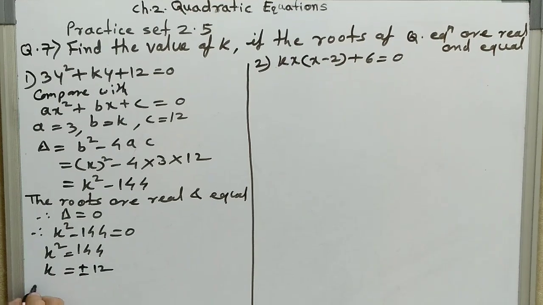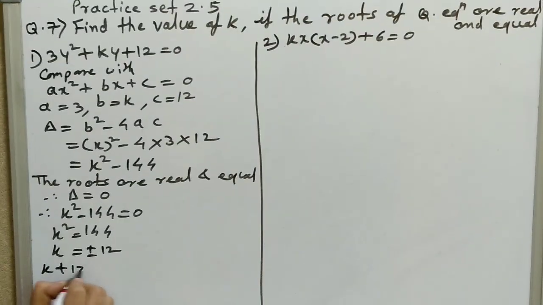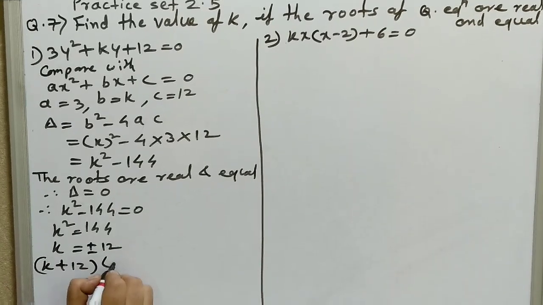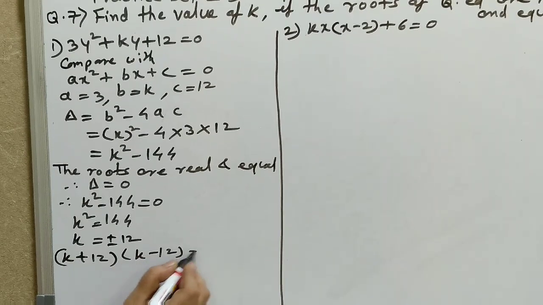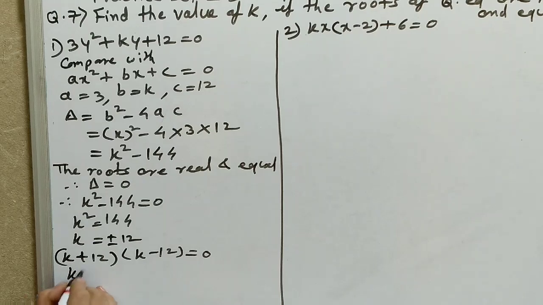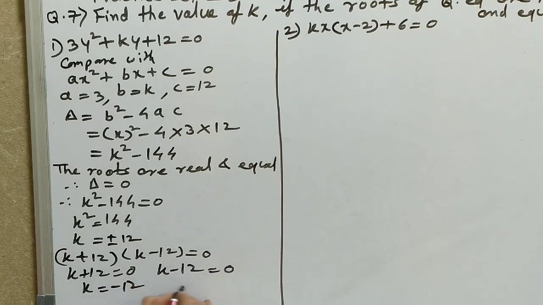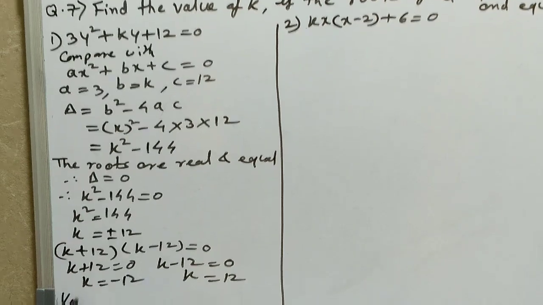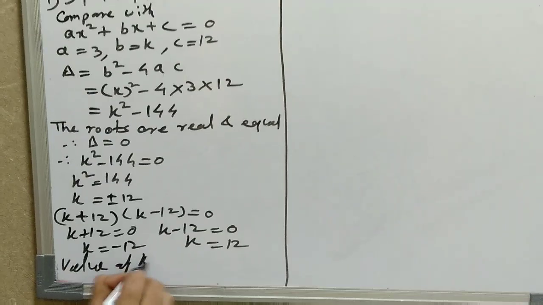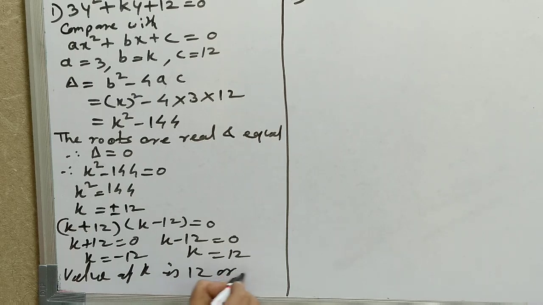So now we take k plus 12 equal to 0 or k minus 12 is equal to 0. So k plus 12 equal to 0, k equal to minus 12 and k minus 12 equal to 0, so k equal to 12. So value of k is 12 or minus 12.